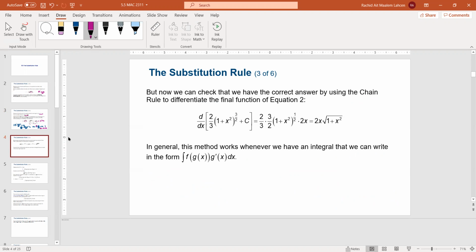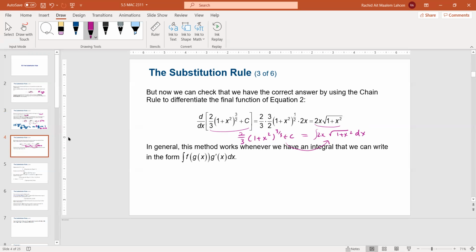So the check is, if you differentiate what you come up with, you should find what's inside the integral, right? So if you differentiate this antiderivative, you should get this inside.